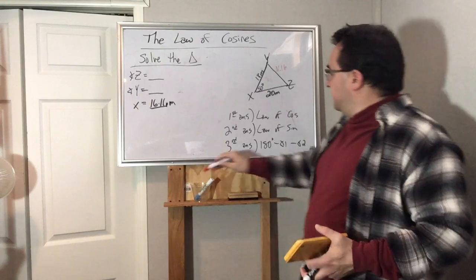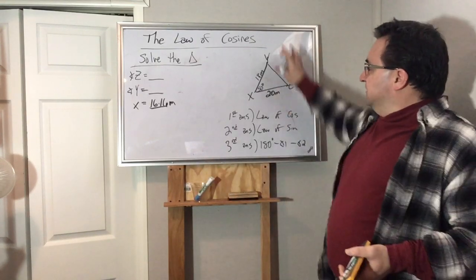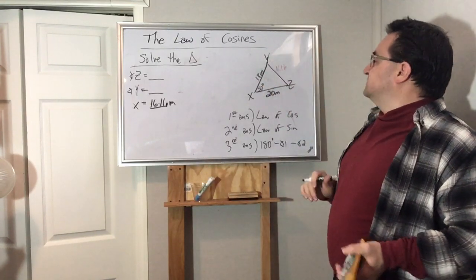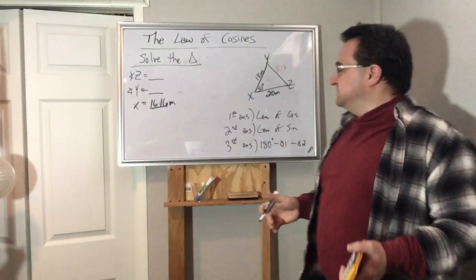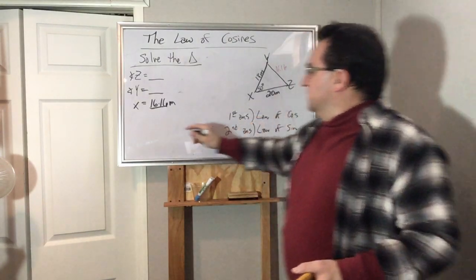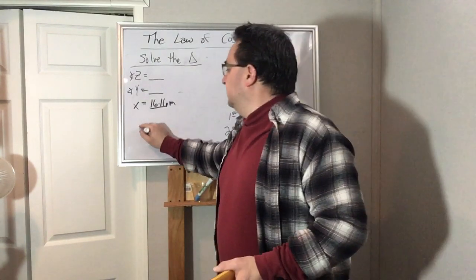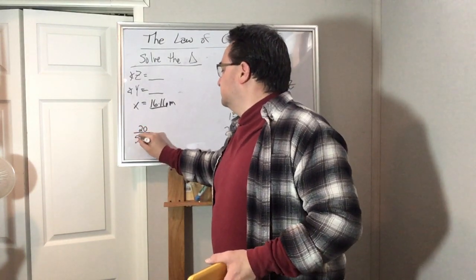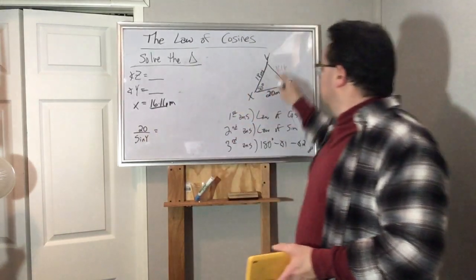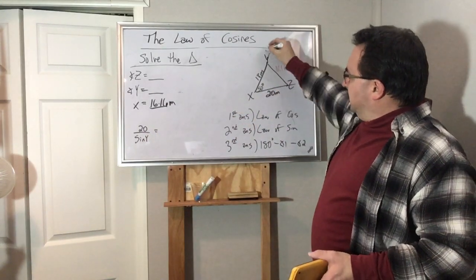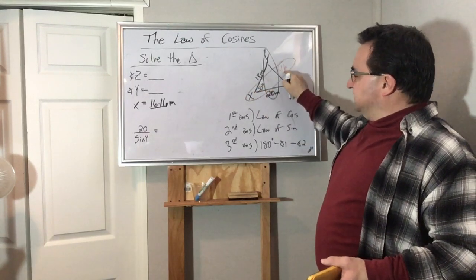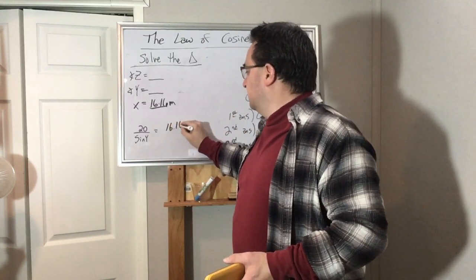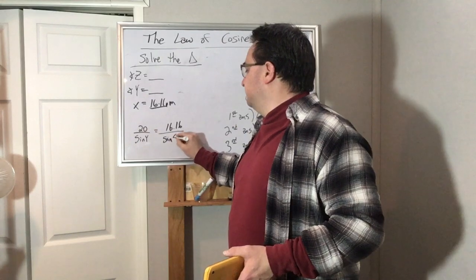And now that I have that, I can use the law of sines to find either y or z. So you can't find two unknowns at a time. So pick y or z. I'll go with y. So let's see. 20 over sine of y, right? 20 over sine of y is equal to 16.16 over the sine of 50.